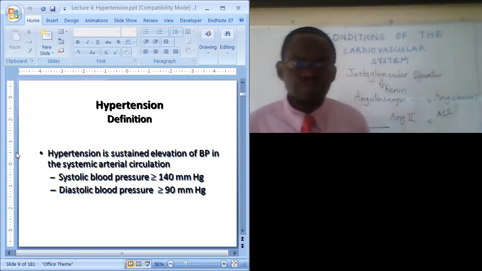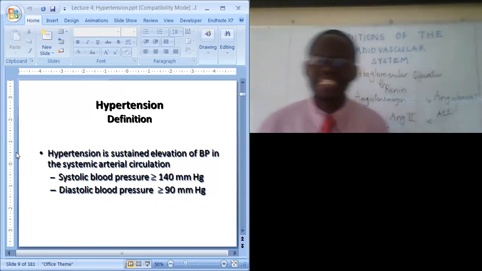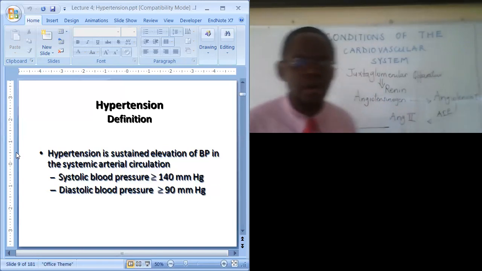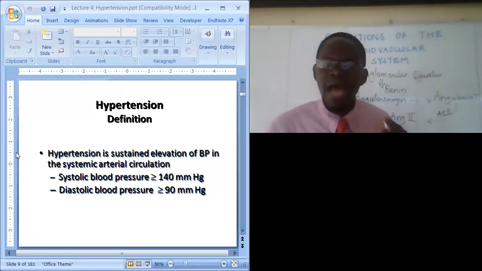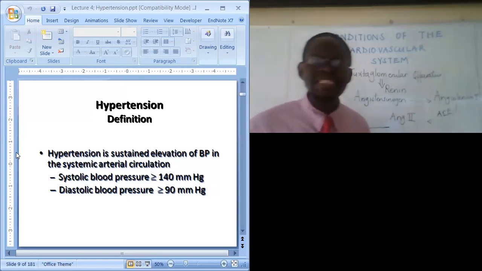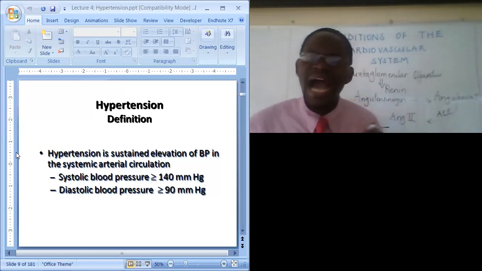If the systolic blood pressure increases more than 140 millimeters of mercury, then it is said to be systolic hypertension.